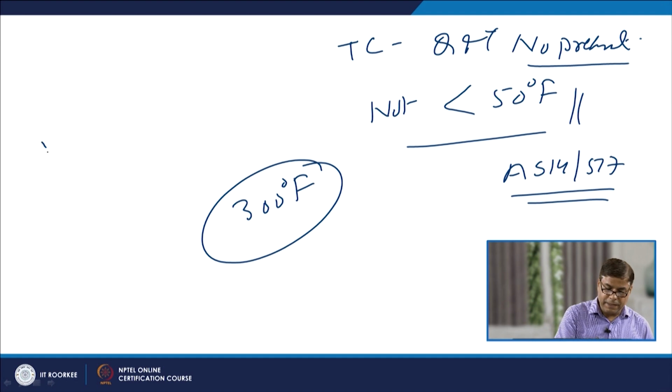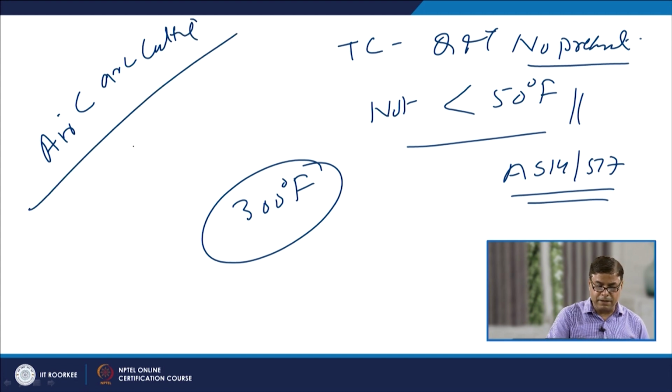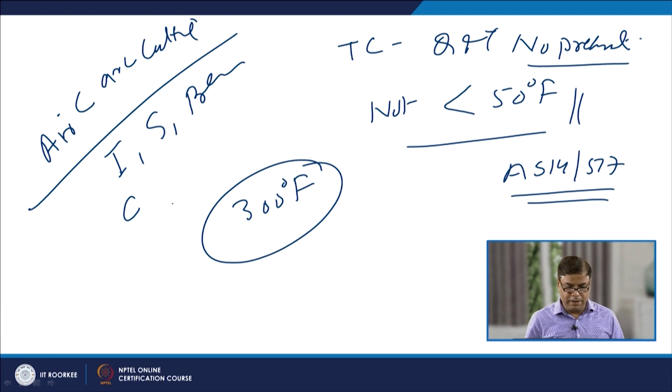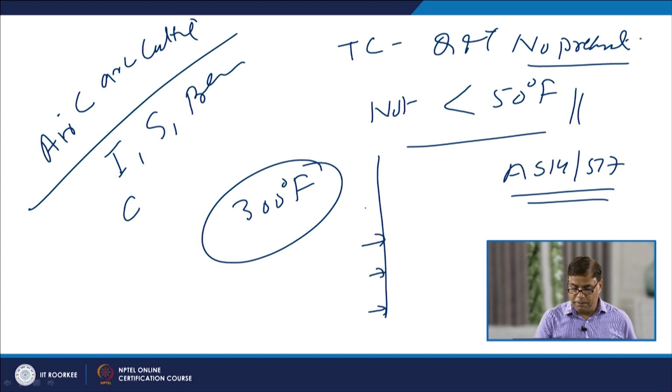As far as air carbon arc cutting is concerned, during the cutting process, if we have selected proper current, proper speed and air pressure, then carbon enrichment of the cut edge will not take place. But an inappropriate combination of cutting conditions can lead to carbon pickup during the air carbon arc cutting process.